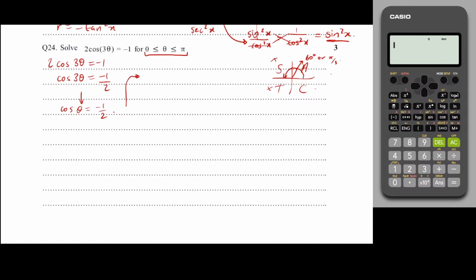So what this means is that if cos theta is equal to a half, then theta would be equal to pi on 3, okay? And that's in this domain, because there is another solution, but not in this domain.